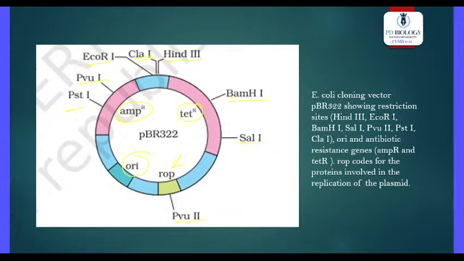So everybody keep in mind the diagram for further practice. That is one of the important questions in biotechnology. So make the drawing. So take a screenshot and remember all the restriction enzymes that are present on pBR322.